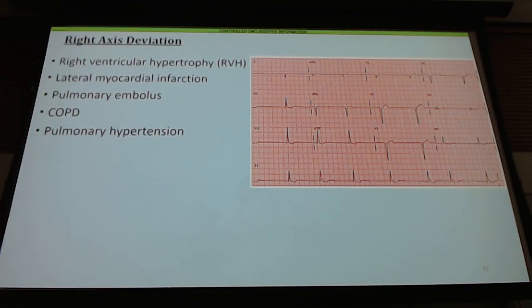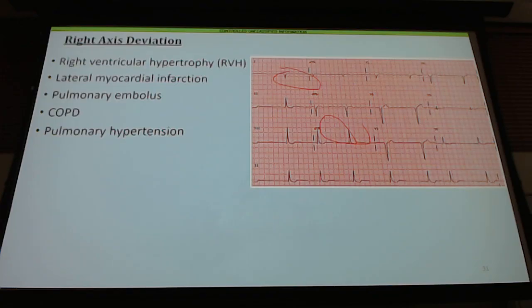When we look at a right axis deviation, let's confirm that this is in fact right. So we are down in 1, and we are up in AVF. So this confirms our right axis deviation. Things that can cause this are similar to what we saw with left axis deviation.